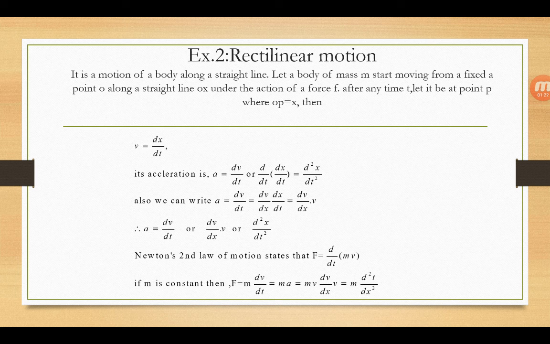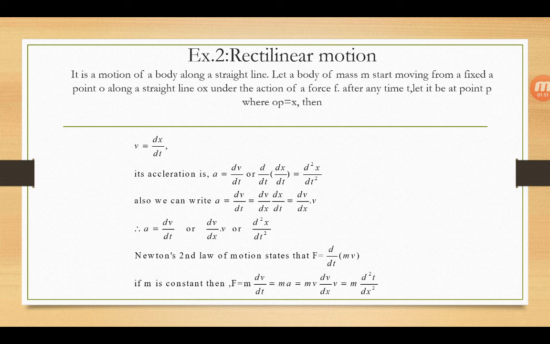Also we can write this acceleration as d by dt of v, or by chain rule dv by dx into dx by dt, which can be written as v into dv by dx. Thus, acceleration can be represented by dv by dt, or d2x by dt square, or v into dv by dx.